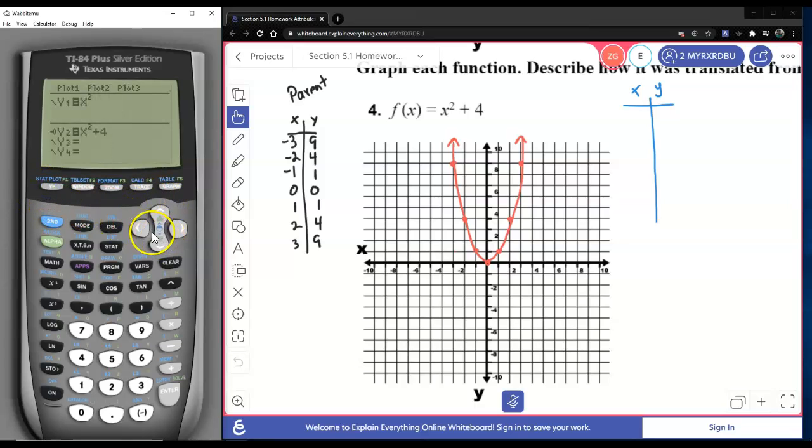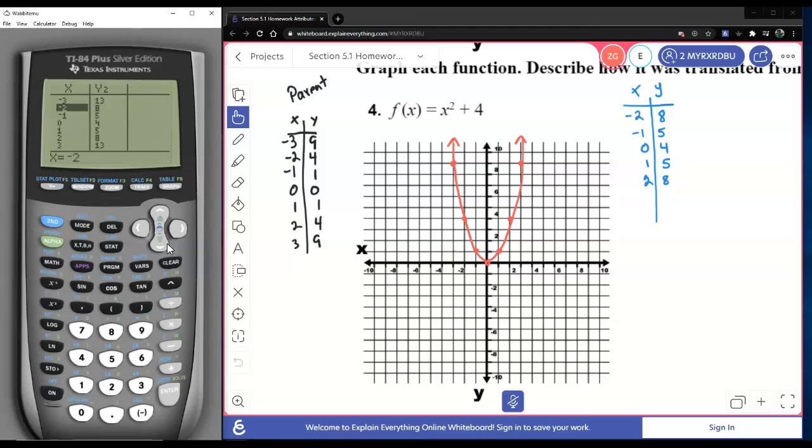In order for us to see the table, I'm going to unselect the parent function for right now. Go to the table, and you notice that you probably want to start with negative 2, 8. So (-2, 8), (-1, 5), (0, 4), (1, 5), and then (2, 8).